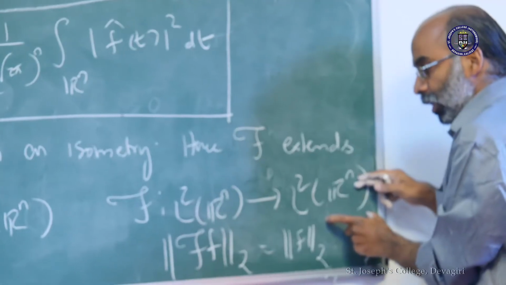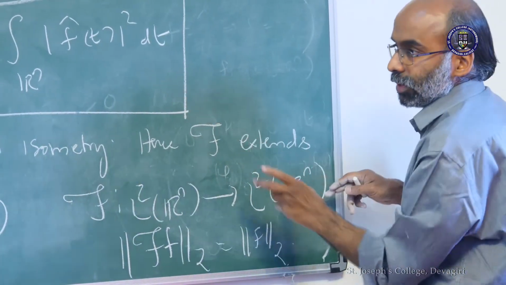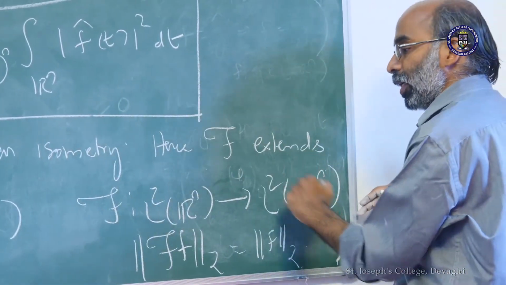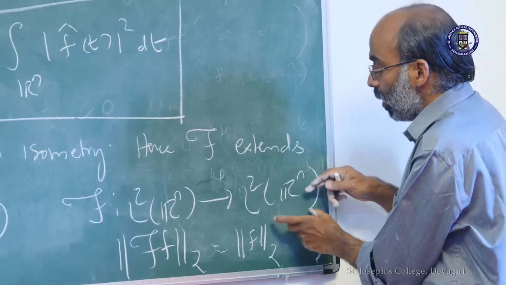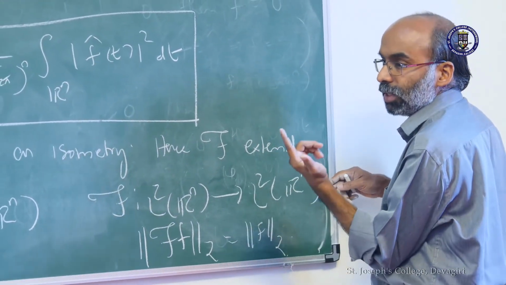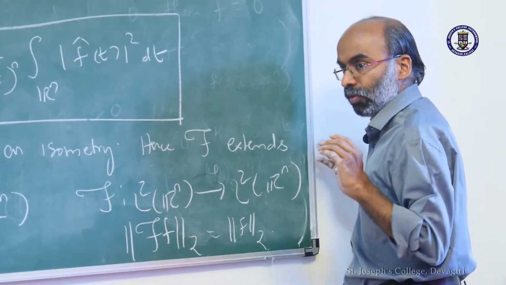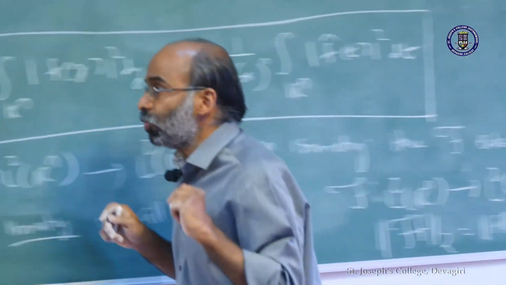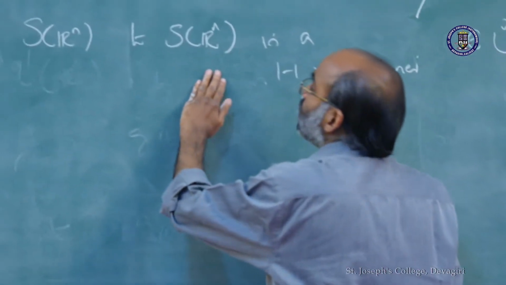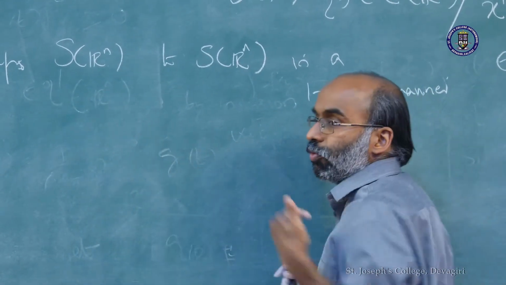The image will have the Schwarz space, but that is dense. The image is closed because it is an isometry, so it has to be onto. Fine. So, all that I have to do is prove that everything in the Schwarz space comes from a function in the Schwarz space via Fourier transform.